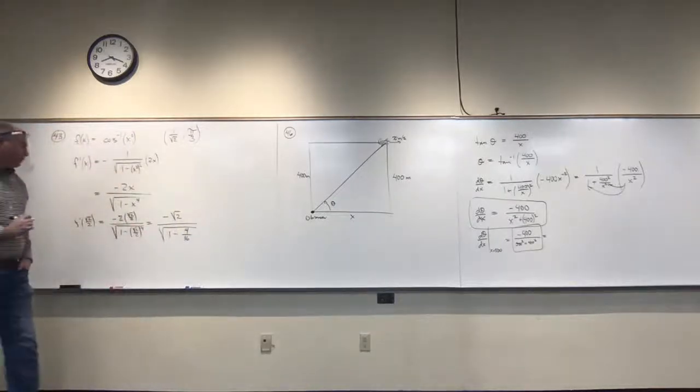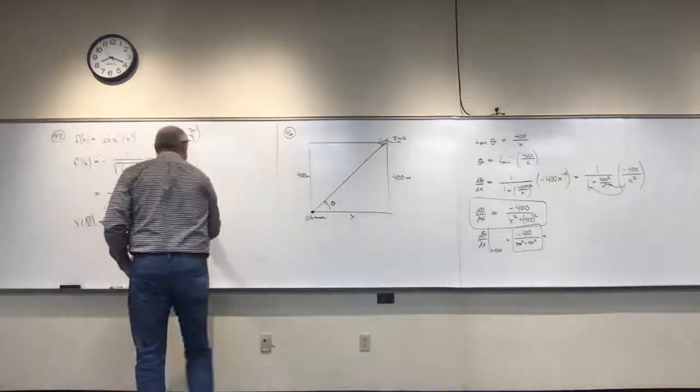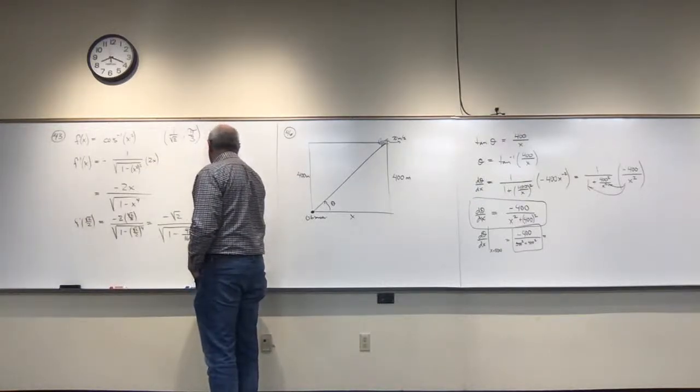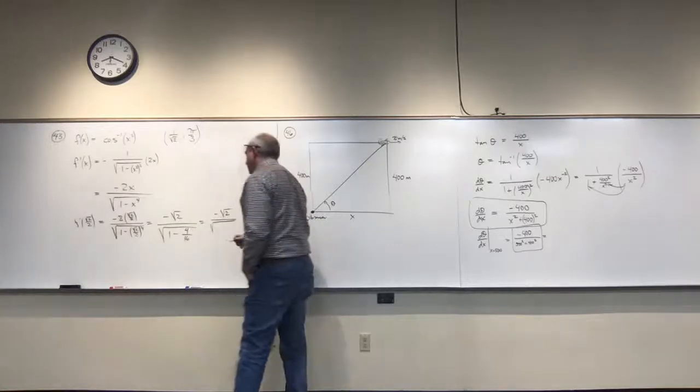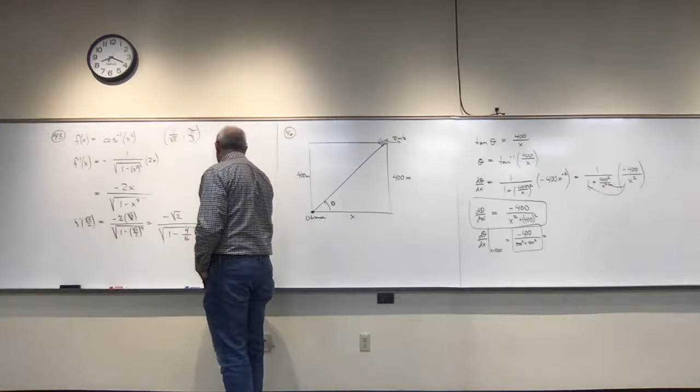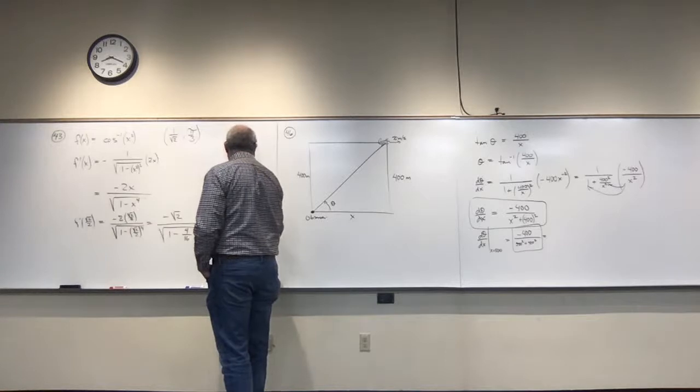All right, we could probably do a little bit better than that. So on top, I've got a negative root 2. And on the bottom, I've got a square root of, this is 16 sixteenths minus 4 sixteenths is 12 over 16, which is negative root 2 on top.